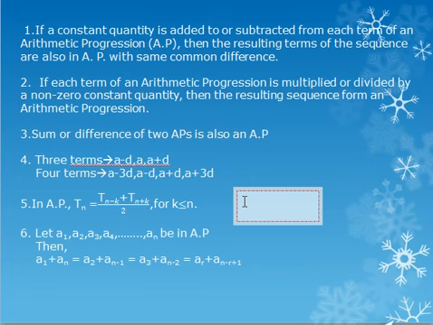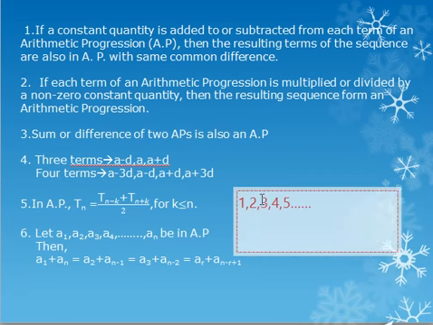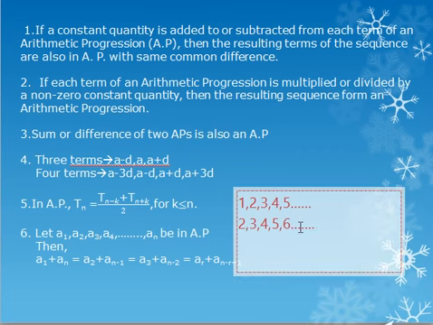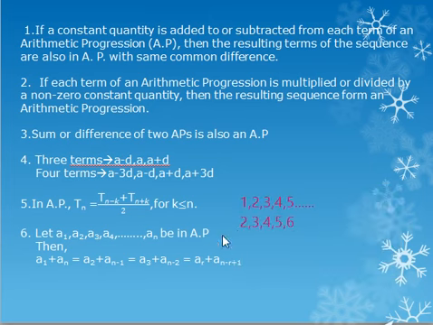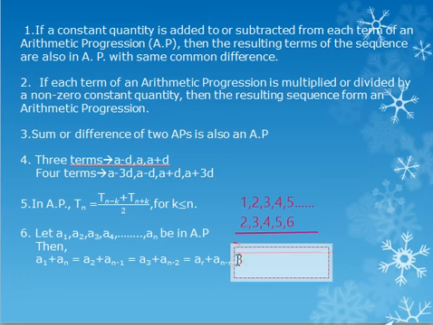If we have, say, 1, 2, 3, 4, 5, and so on, and our next AP is 2, 3, 4, 5, 6, and we add them, what we get is 3, 5, 7, 9, 11.